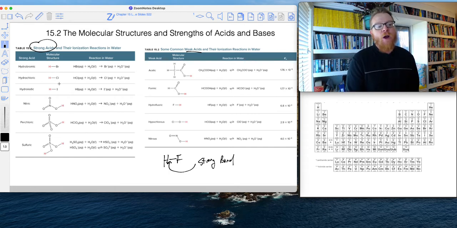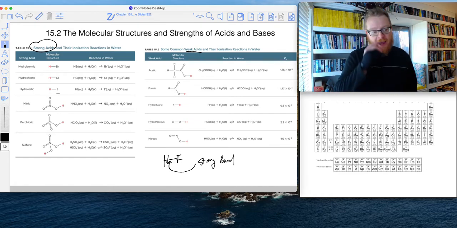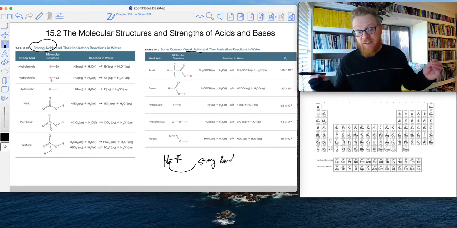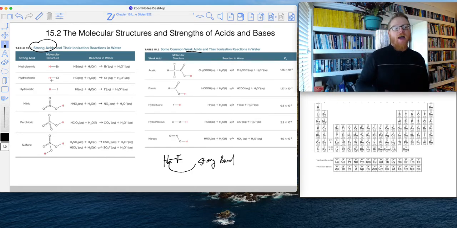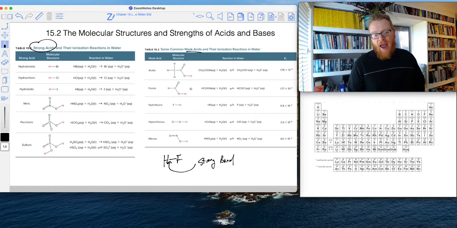And HBr, HCl, HI, those are fairly okay in their bond strength. However, those bond strengths are weak enough that when you put these in water, they completely dissociate, okay? So that's one factor that we can say. Another factor that's similarly related is also about how the anion, right?